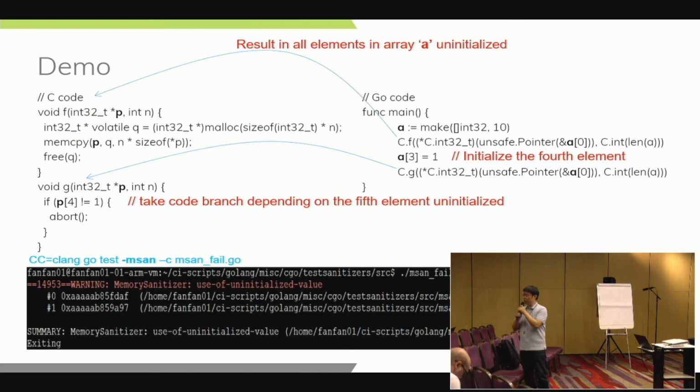We have to implement some assembly code to port the TSan library into Go, because Go controls everything, like all the libraries and all the assembly code. So for each architecture, we have to implement the corresponding API to call the MSan library.